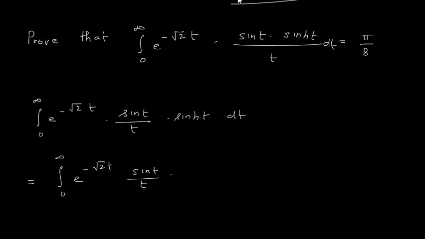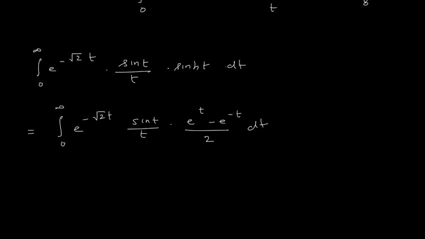Now this sin hyperbolic t can be written as e power t minus e power minus t whole divided by 2. This is the formula for sin hyperbolic t, e power t minus e power minus t divided by 2, into dt. So this we can say is equal to the integral from 0 to infinity.